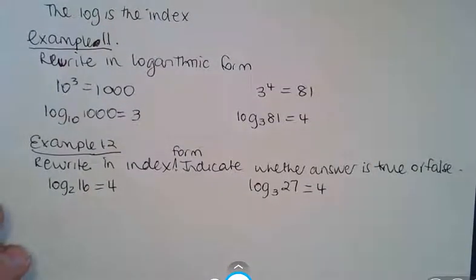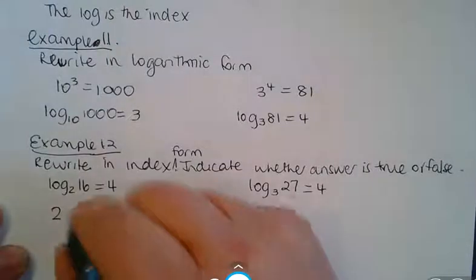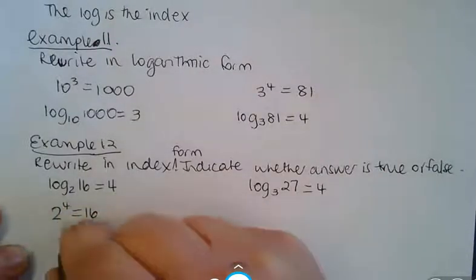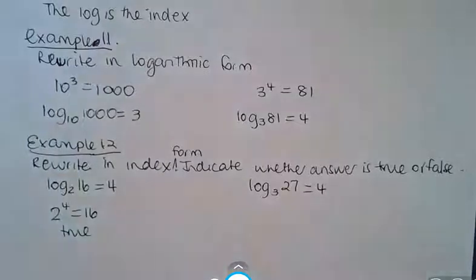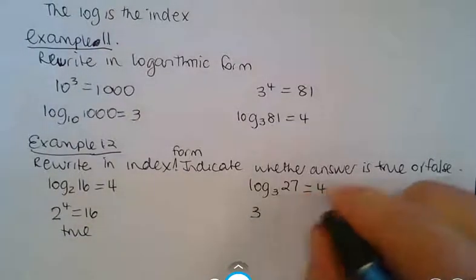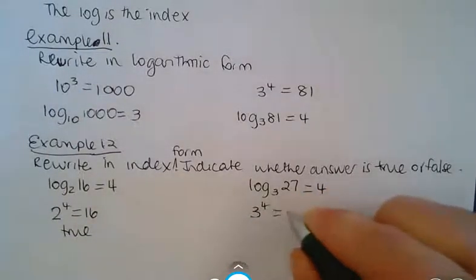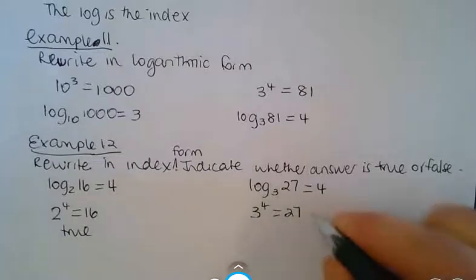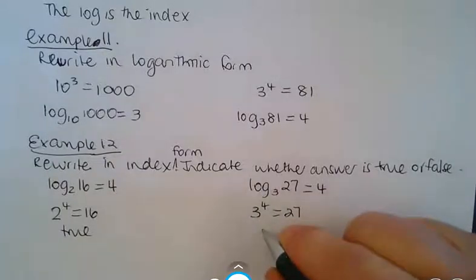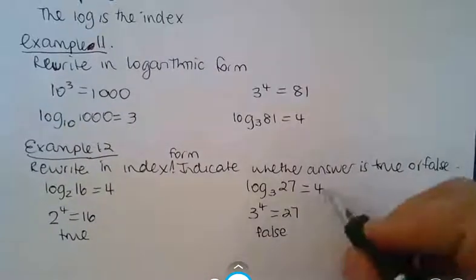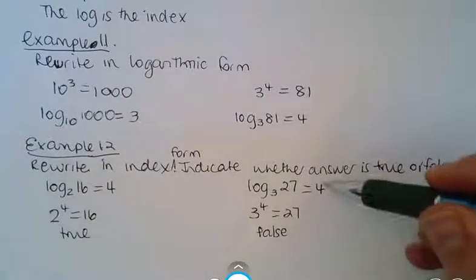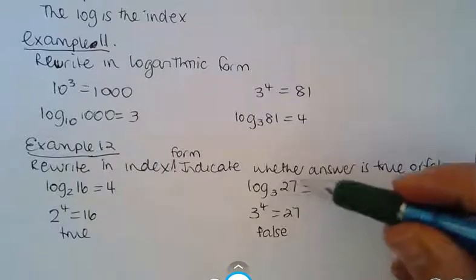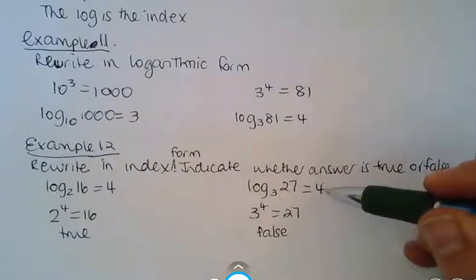So 2 is the base. 2 to the power of 4 is 16. Is that true? Yep. And the other one is saying that 3 to the power of 4 is 27. Is that true or false? No, it's false. What should this be? This should either be 81 or that should be a 3.